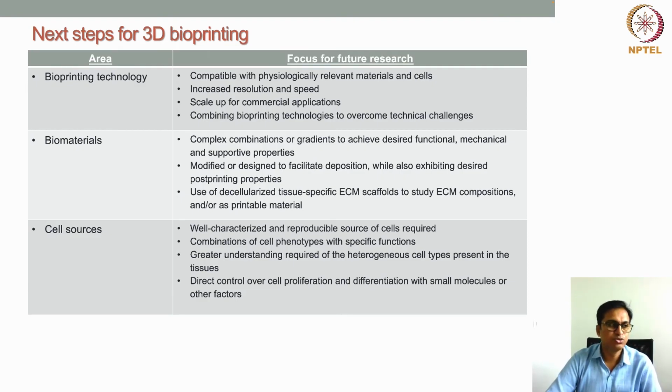Next thing is, in case of tissue or organ, we have seen that heterogeneous cell types are present there, diverse types of cells, and all these different cells have their own function. So that's why we need to reproduce this.